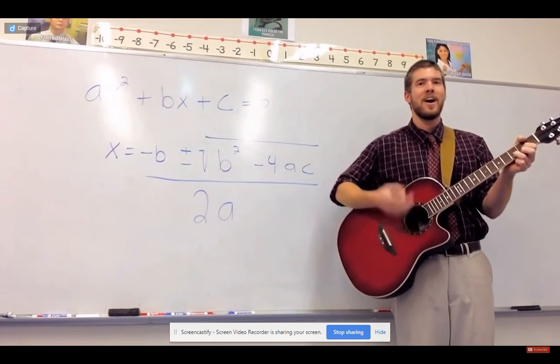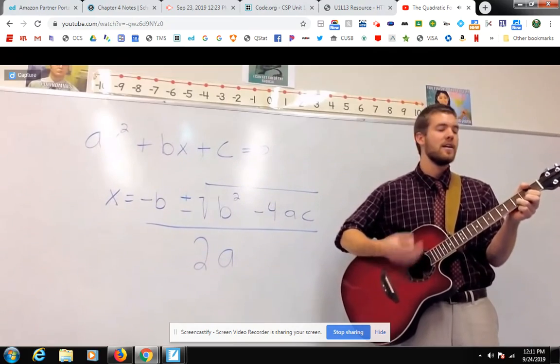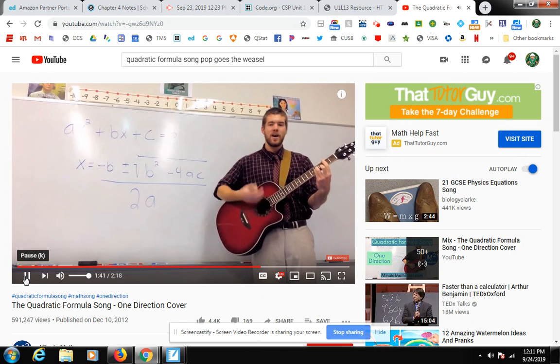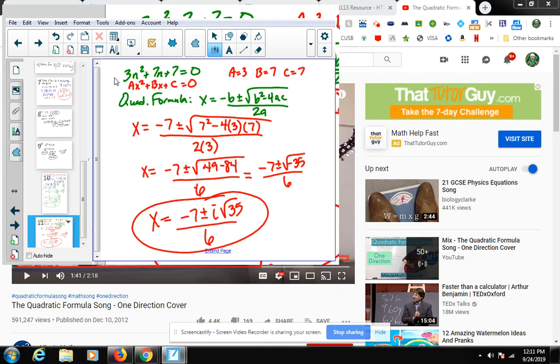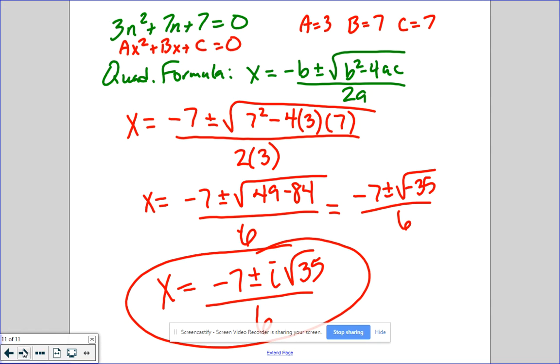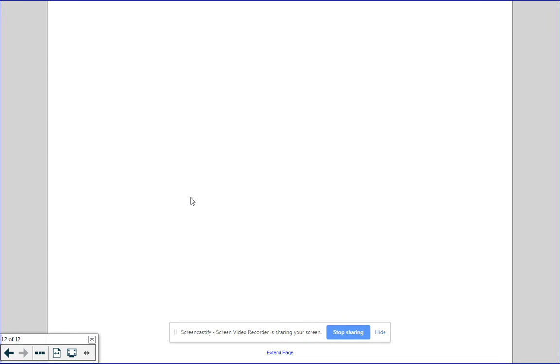Now you know the quadratic formula. There you go. All right. So you have whatever way you need to help yourself to learn that formula.